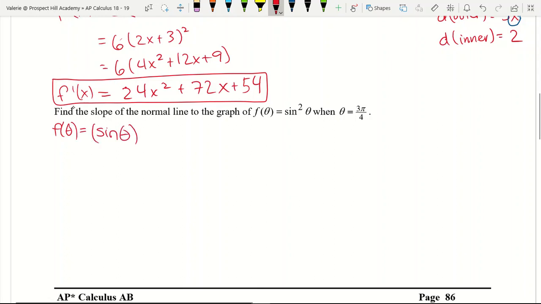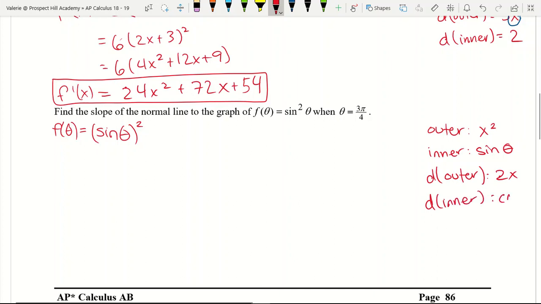So we have sine theta squared. So our outer function is x squared. Our inner function is sine theta. The derivative of our outer function is 2x, and the derivative of our inner function is cosine theta.